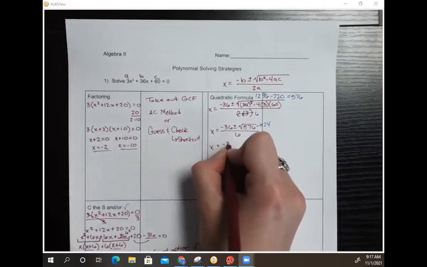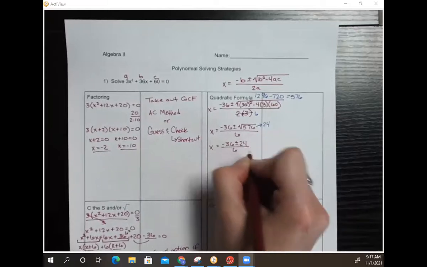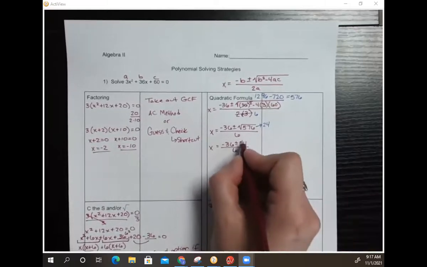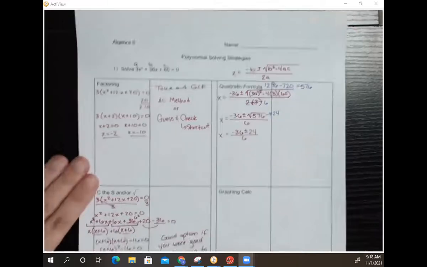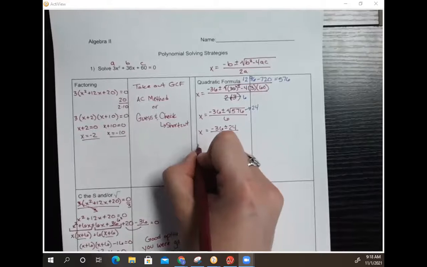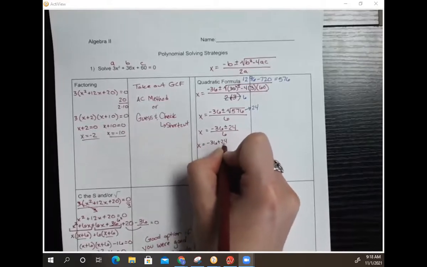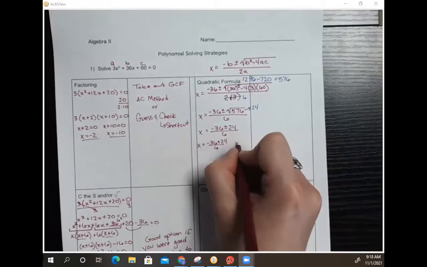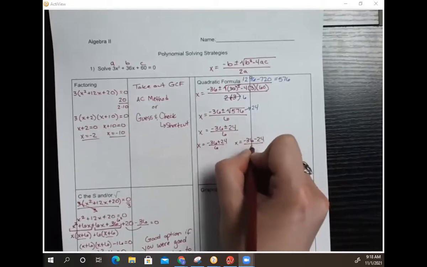So I get x equals negative 36 plus or minus 24 over 6. Since this simplified to a nice number, I'm going to go ahead and split these up, just like I did down here, so I can find my separate solutions. So this would be x equals negative 36 plus 24 over 6, and x equals negative 36 minus 24 over 6.